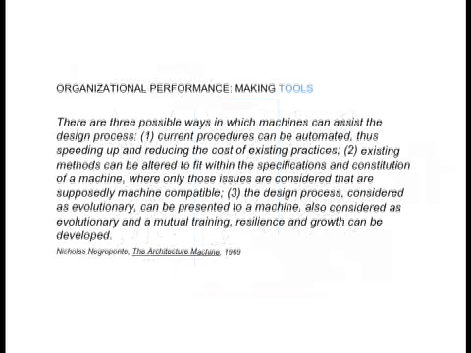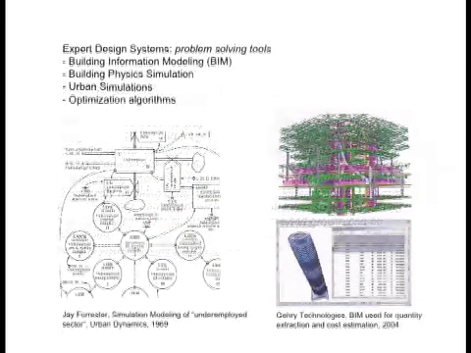Let me just quickly talk about these expert tools. Expert tools are those points 1 and 2. They haven't changed very much. On the left is Jay Forrester's 1969 urban dynamics modeling tools. Jay Forrester did incredible studies of urban dynamics, industrial dynamics. Basically, these are risk management tools that create huge databases of relationships and allow you to manage risk. This is the same thing that we're doing here.